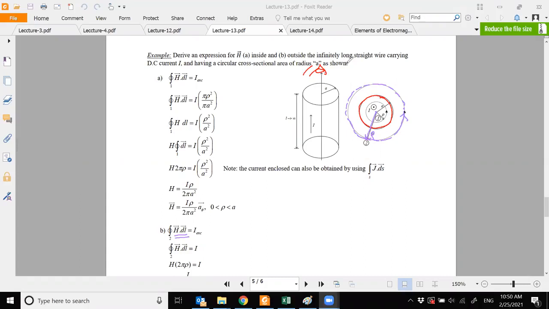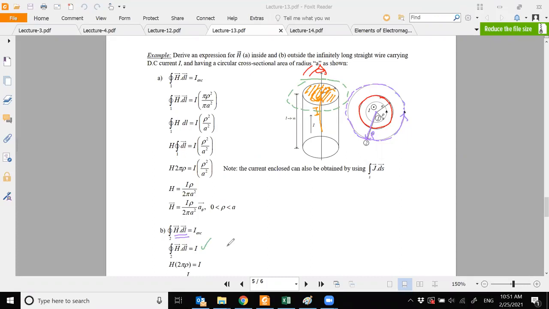It is the total current enclosed, because your current is flowing in this direction, guys, and it is completely inside. My Amperean loop is this one, so the current enclosed in the Amperean loop is the whole current I. That's why it is I here.